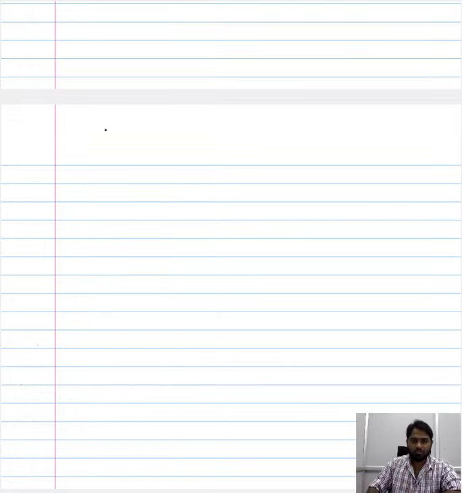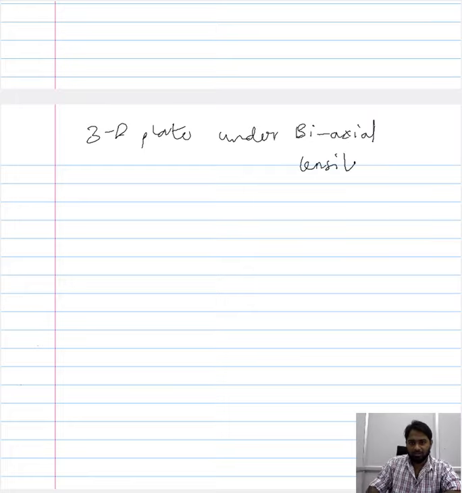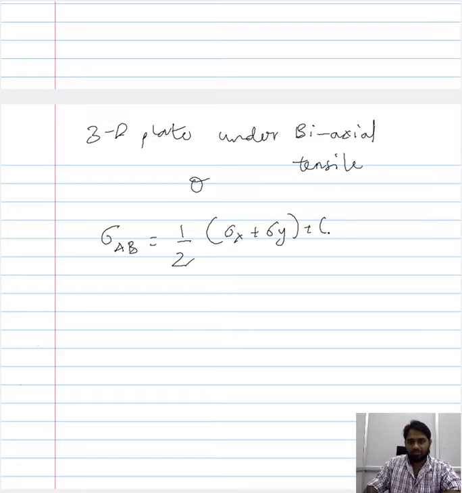So what we looked at was a 3D plate under biaxial tensile loading, and we saw that for a region of interest that is inclined by an angle theta, the normal stress experienced by this inclined region, if AB be the inclined region, is expressed as 1 by 2 (sigma x plus sigma y) plus 1 by 2 (sigma x minus sigma y) cos 2 theta.